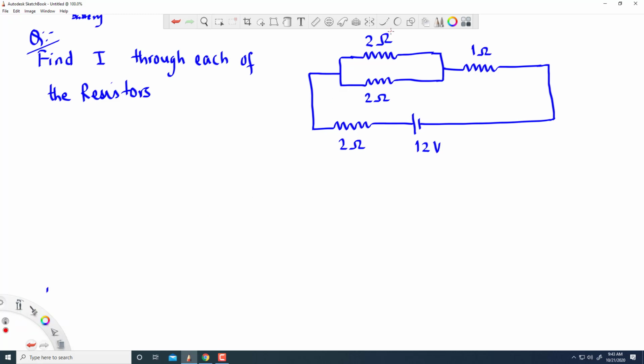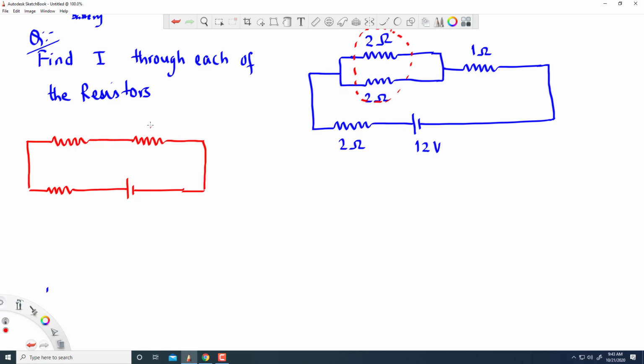Combine these two into one. So, this is 1 ohm, that is 2 ohm. What I did here is combine these two into one.